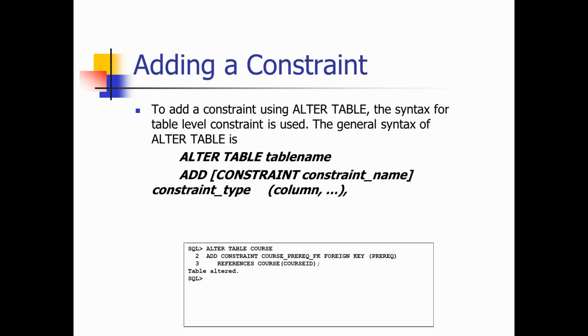So when you see a new row number come out and the cursor is blinking over there, that's Oracle giving you a hint that it's waiting for a semicolon. If you do that successfully, you will see table altered, indicating that the constraint has been added.